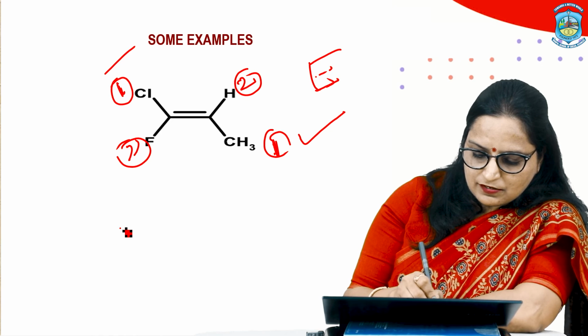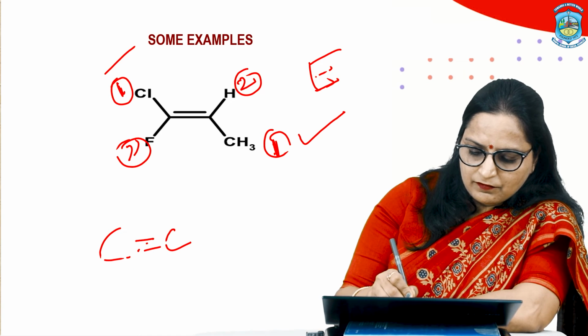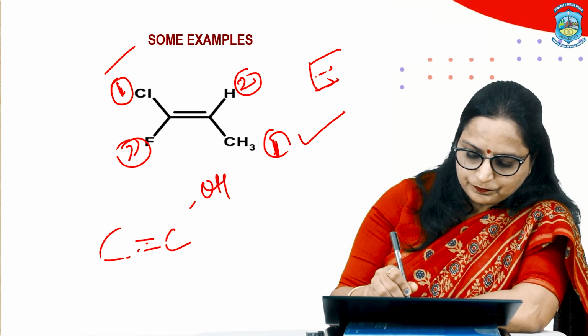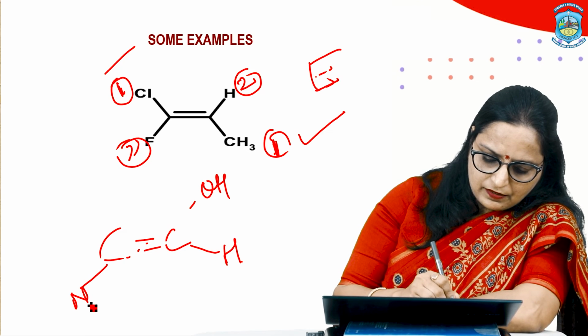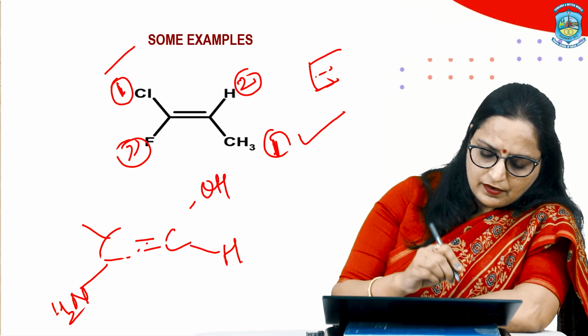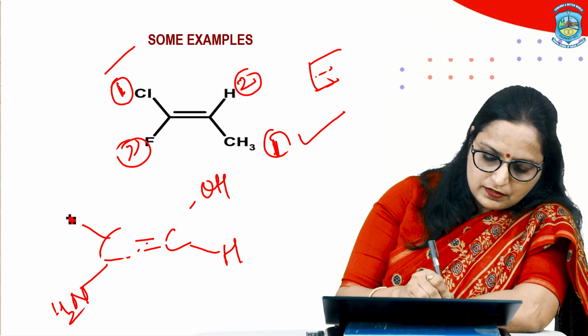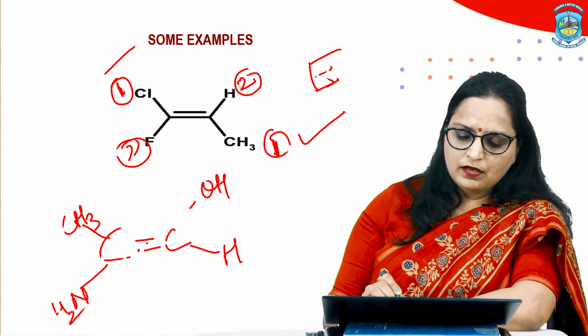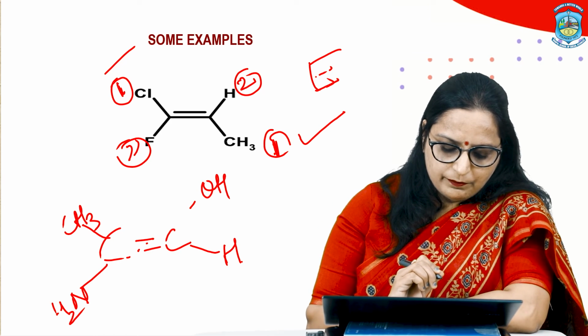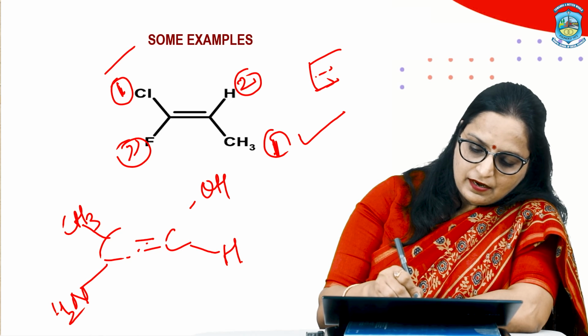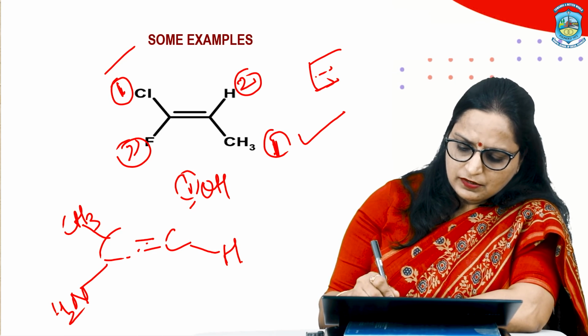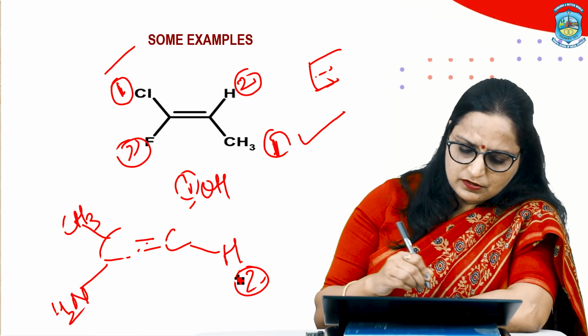Okay, let's discuss one more example. If I have OH and here I have H, here I have NH2 and here I have CH3. Starting with the priority order, on this side oxygen will take the higher priority position, so it gets the first position and this gets the second position.